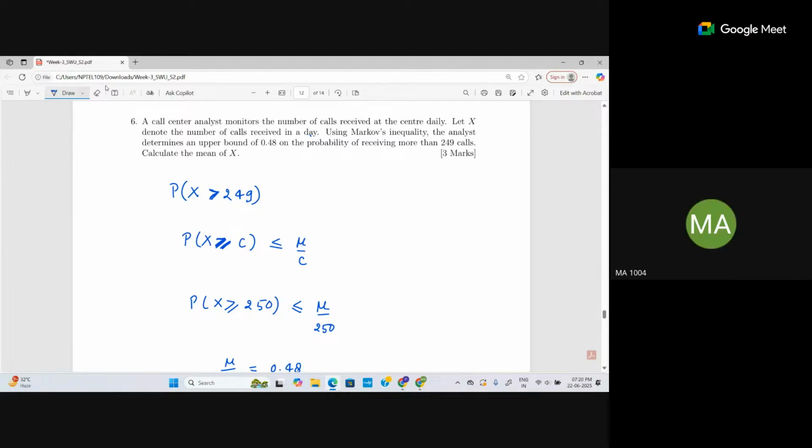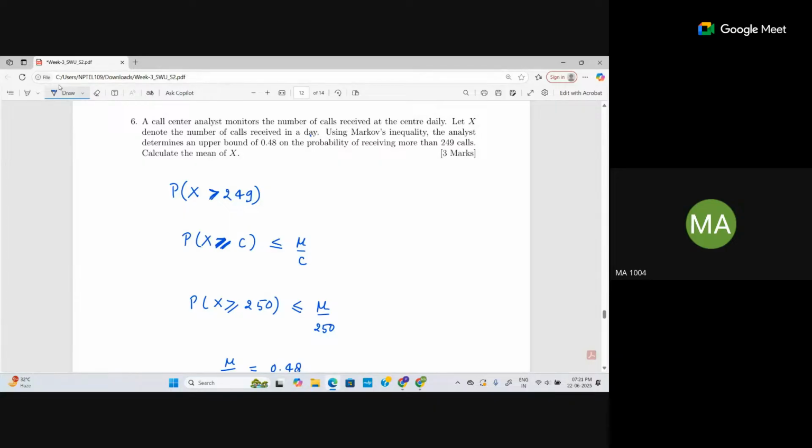In that case, we prefer Chebyshev's inequality because we have the formula for it when two values are given, like x taking values between this and this. We use Chebyshev's because here we can find x is greater than or equal to c, or we can find x is less than c by doing 1 minus. If you're trying to find between two values, you can use Chebyshev's inequality. All right, thank you.